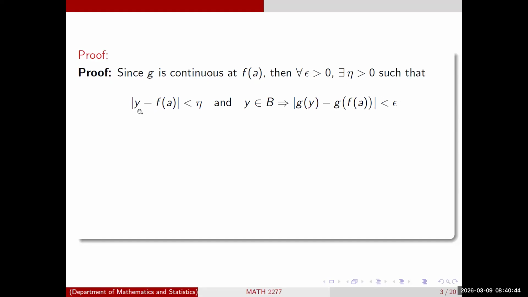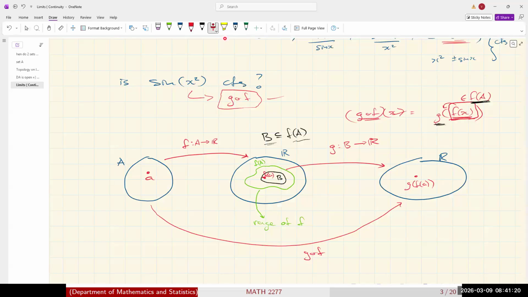The only thing we're changing is that instead of x, we're substituting y, but x and y are just variables, right? So using y instead of x, and instead of the set A, we're using capital B. And instead of the point being little a, where you usually see the modulus of x minus a, we're using f of a, because we are applying the definition of continuity between here and here.